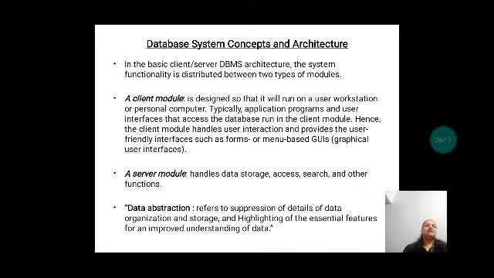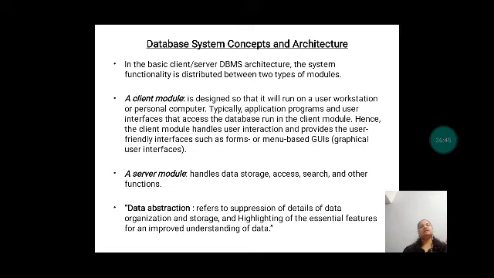The client model is designed to run on user machines, which may be workstations or computers, and typically has the application programs and user interfaces. In the server model, actual data storage takes place. They handle the storage, access paths, search techniques, and some other functions.